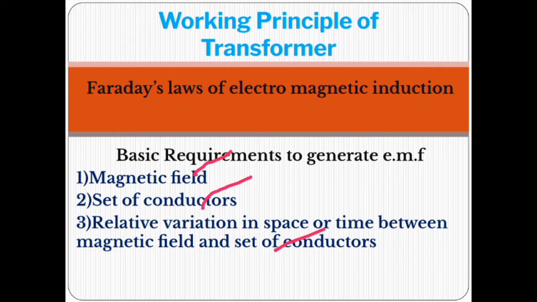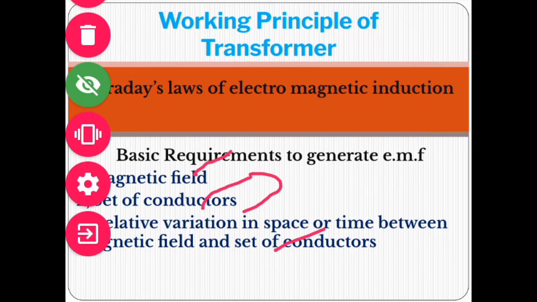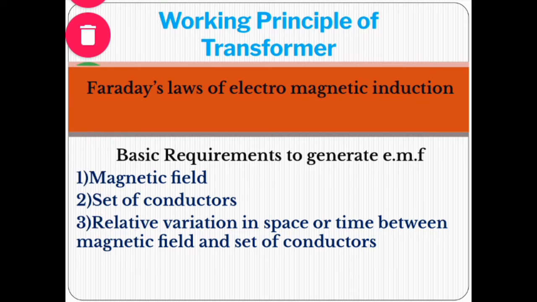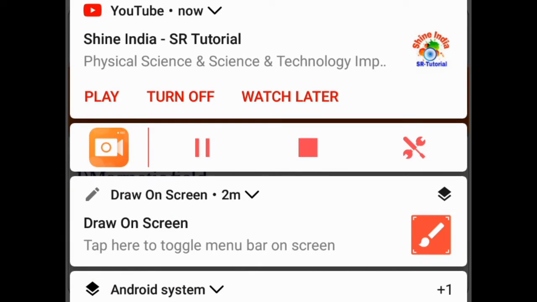There must be one magnetic field and set of conductors, and there must be a relative time variation or space variation between them. So the basic requirements are magnetic field, set of conductors, and relative variation in space or time.